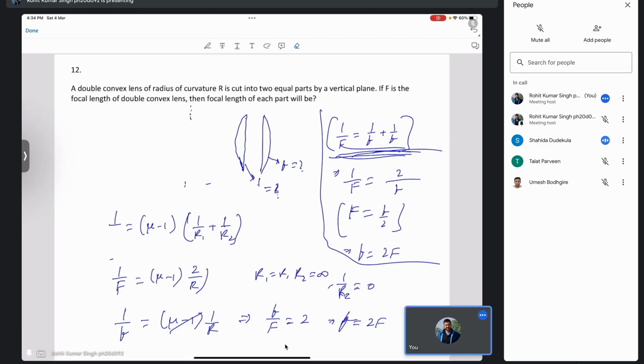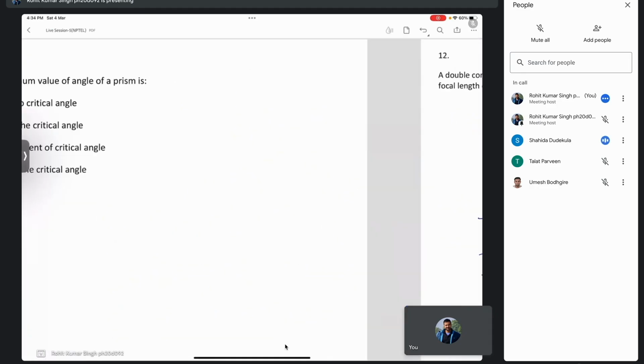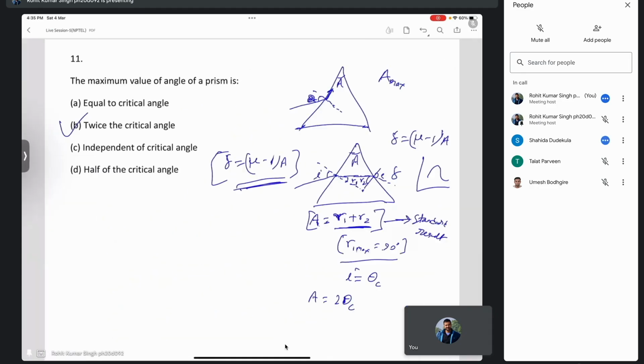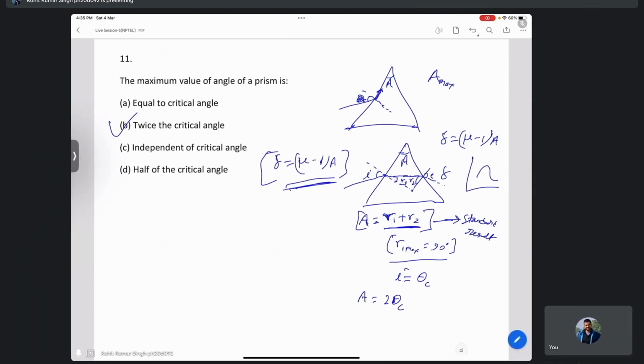Today's 11th problem. In this problem, 11th problem, yeah, this one, right? Oh, this is week 5.